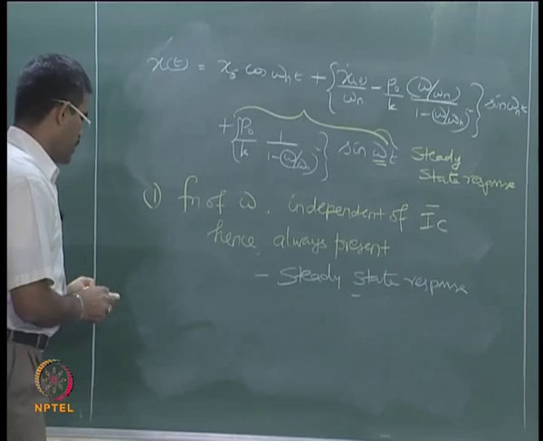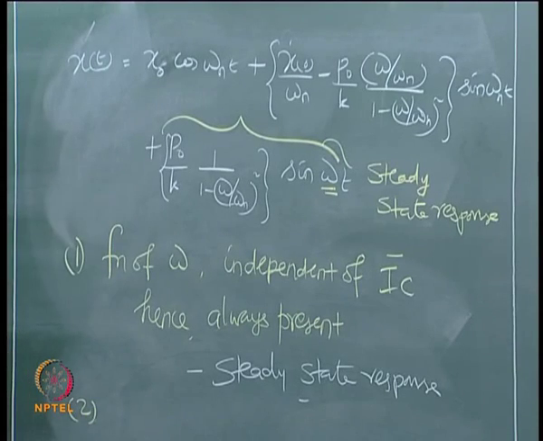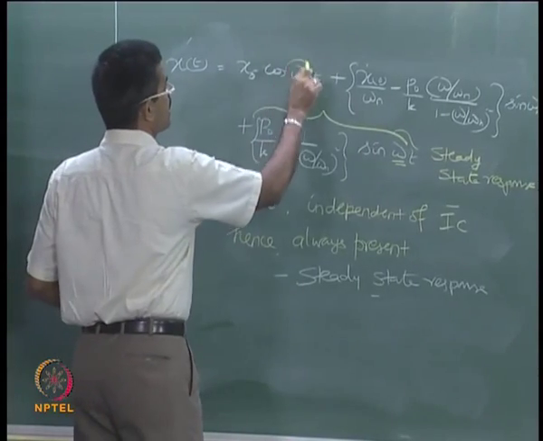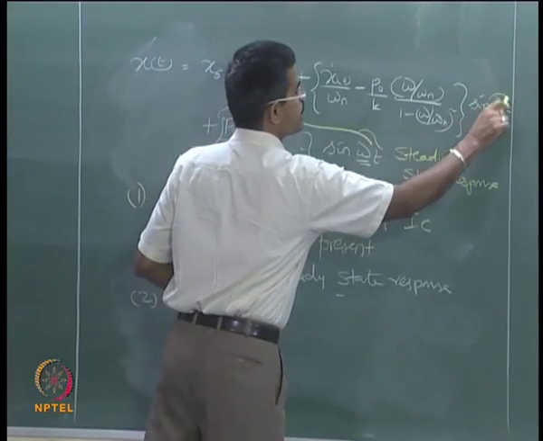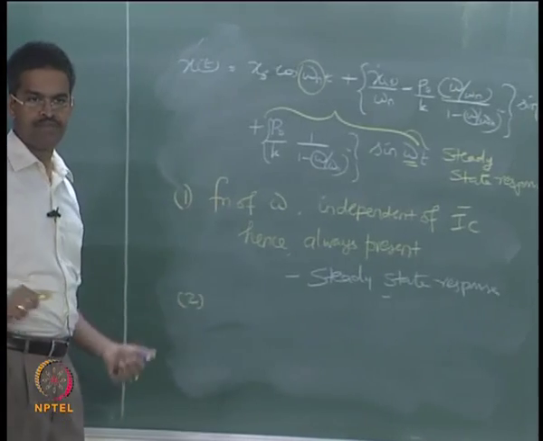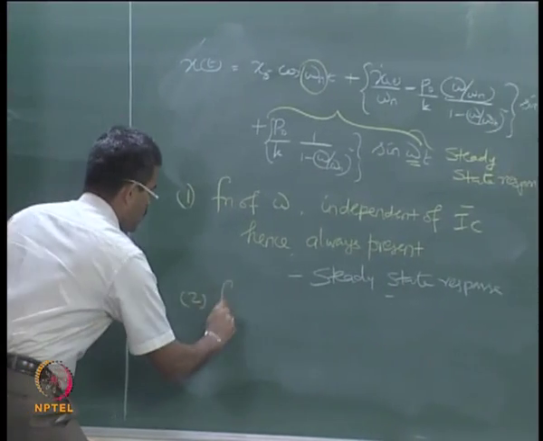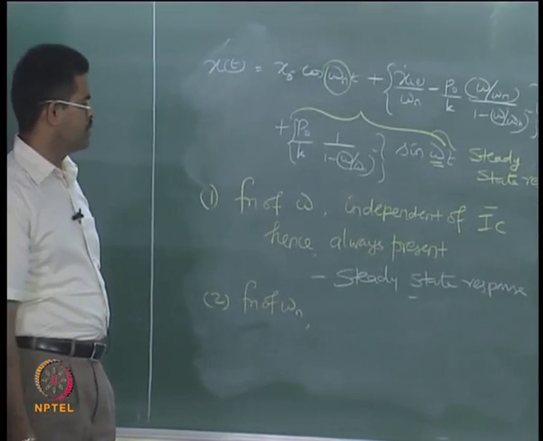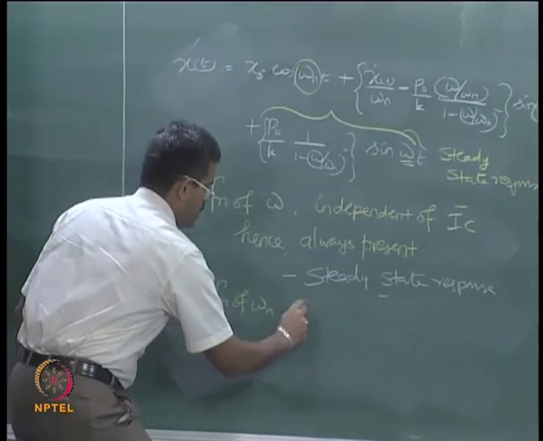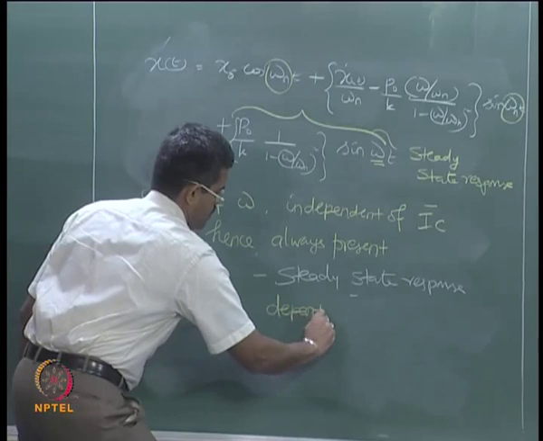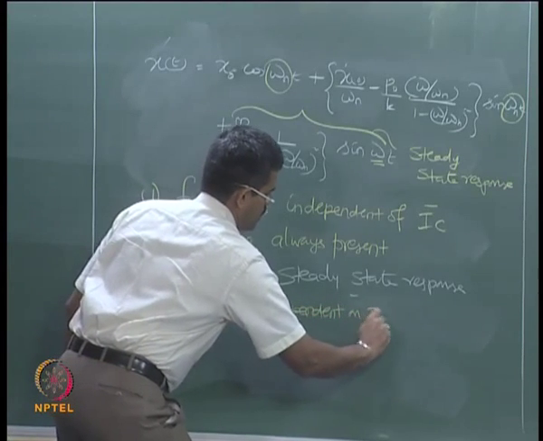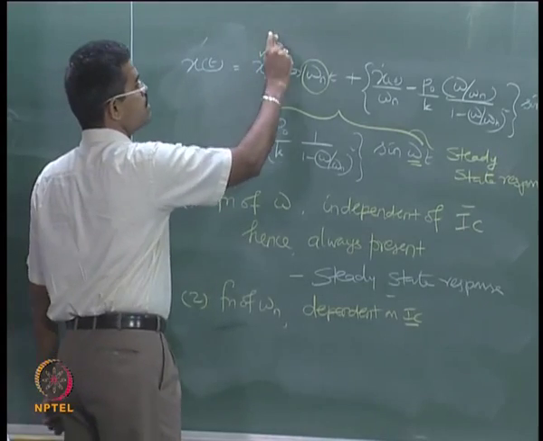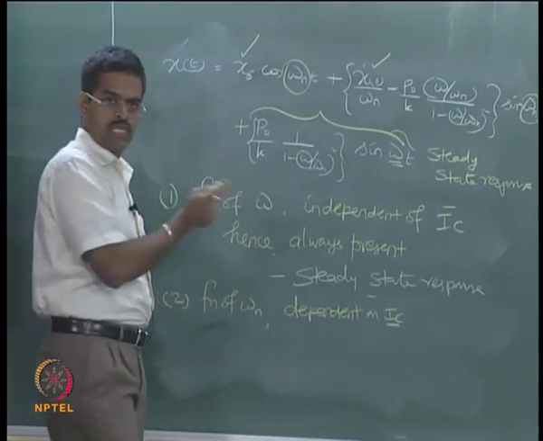Now, the second component, what you see here, are functions of omega n. They are dependent on initial conditions, because x naught and x dot naught are reflected in the result.